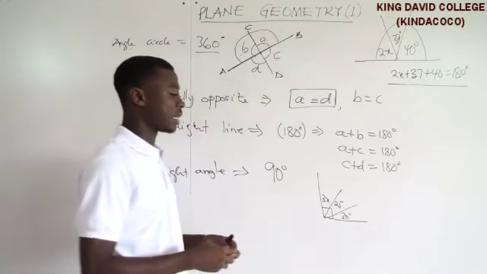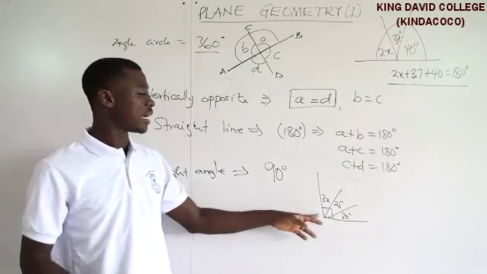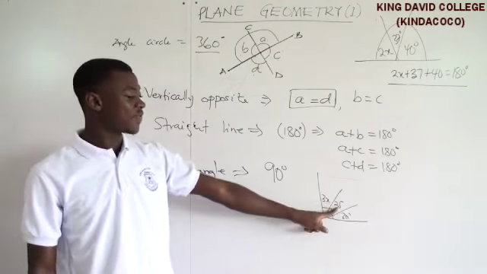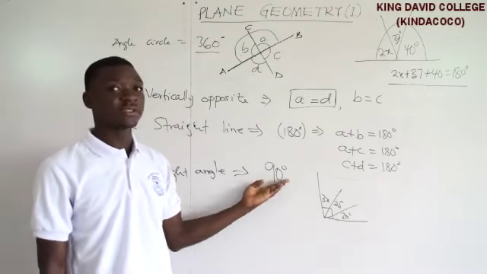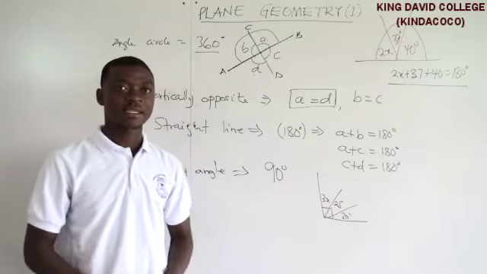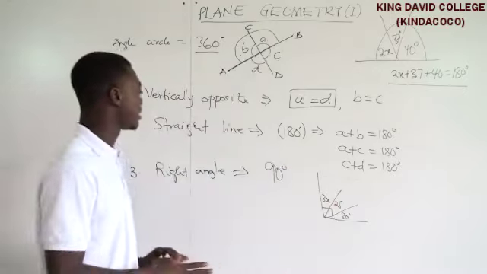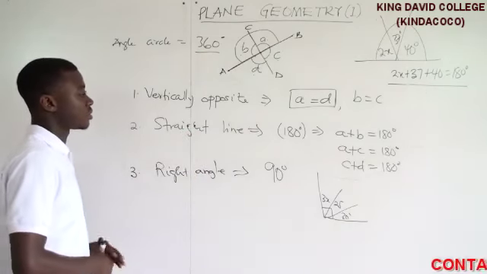Then I ask you to sum and find the value for x. Since you know that here is a right angle, then it means that 3x plus 25 plus 30 should be equal to 90 degrees. Then you make x the subject. Cleanly simple. So this one here should be established.